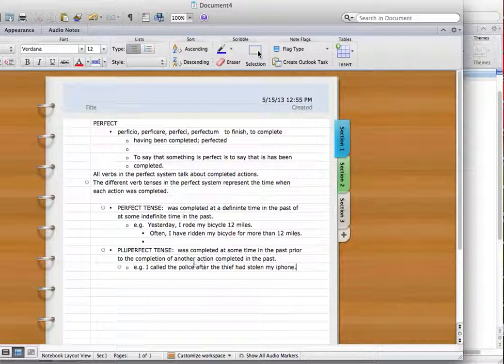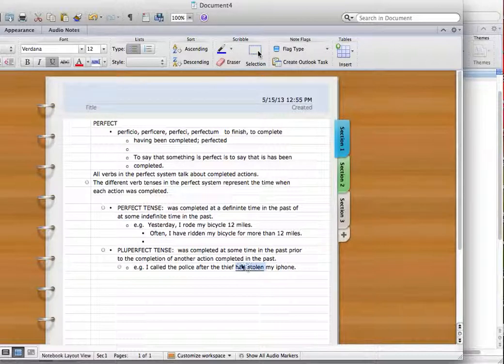It's obvious to see because of the word after that calling the police is the second event to happen, not the first. The thief stealing my iPhone is the first event to happen. And so because of that, it's expressed by the pluperfect tense.